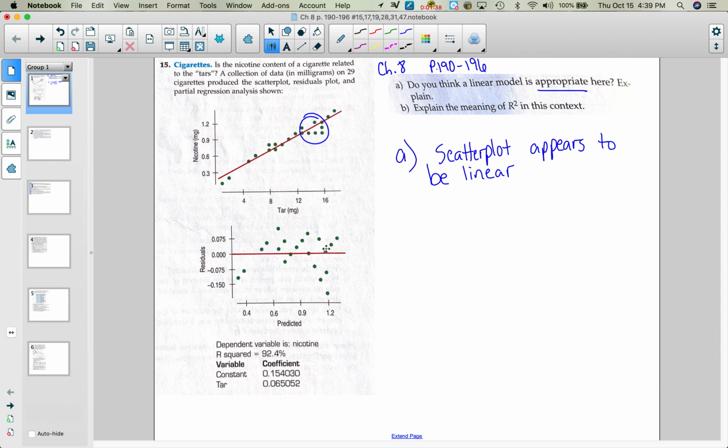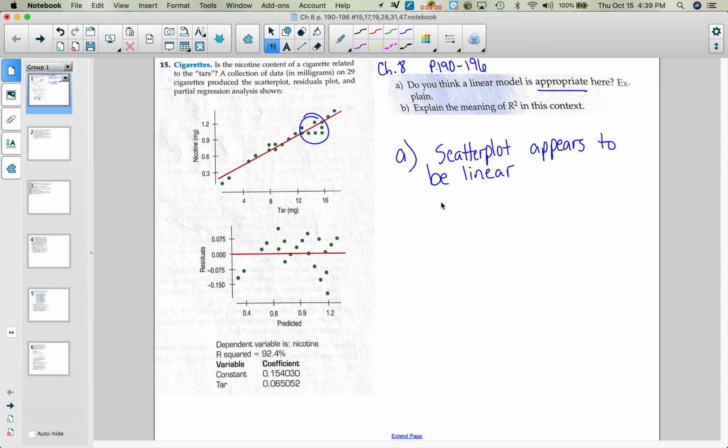And remember, what we're looking for is no pattern and not being able to predict what will come next. So at first when I look at this, I think, well, wait a minute, is this a curved pattern? But as you're moving along from left to right, notice that some go down, some go up, not really a fan shape. I really don't know what's going to come next. It could be here, it could be down here.